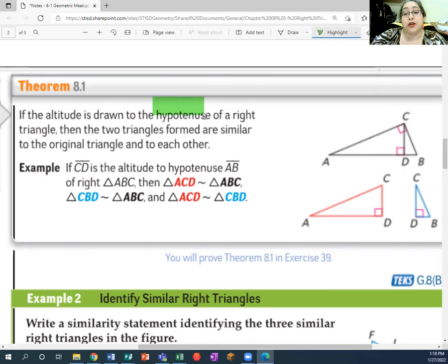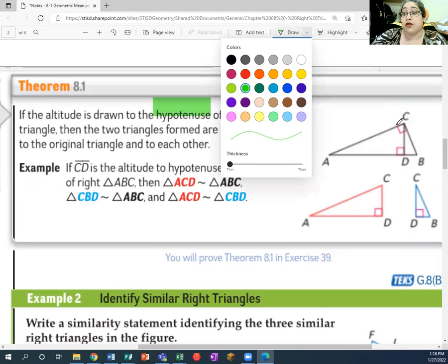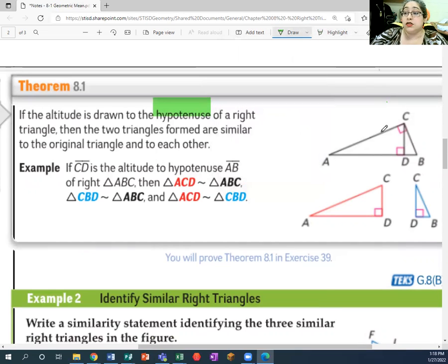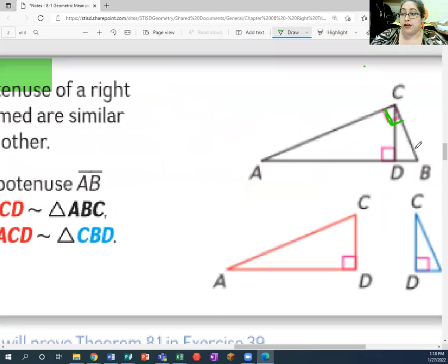Okay, first big vocabulary word is this word hypotenuse. Hypotenuse is always the side that is directly across from the right angle. So if I look at this big triangle, triangle ABC, here is the right angle for triangle ABC. Notice how, let me zoom in real close on that figure.